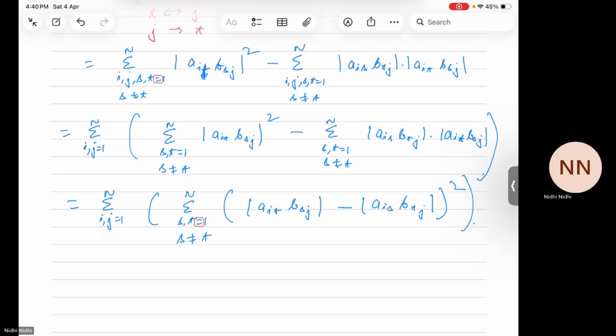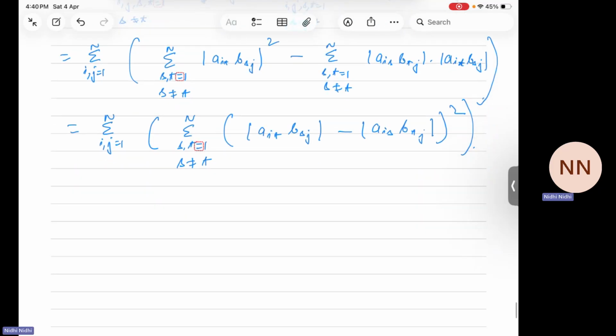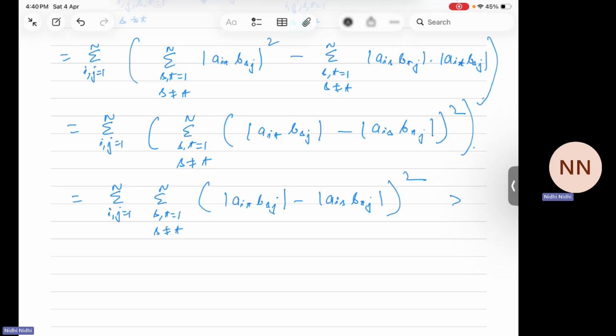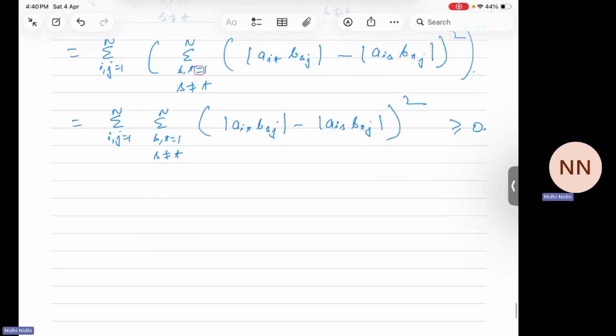Okay, then this is equal to summation ij 1 to n, summation st 1 to n with s not equal to t, mod ait bsj minus ais btj whole square. This is always positive. That's what we want. Therefore s is greater than or equal to 0.